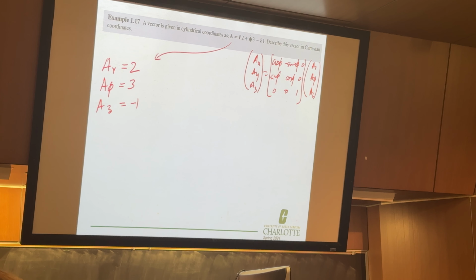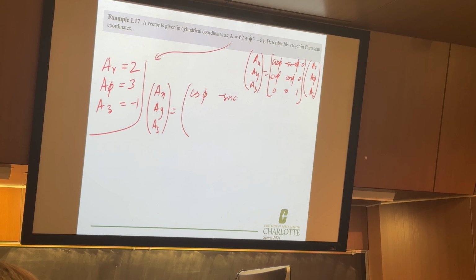So now if we apply the transformation matrix, we get ax, ay, az equals the matrix cosine phi, minus sine phi, 0, sine phi, cosine phi, 0, and 0, 0, 1, and the vector that we're multiplying is 2, 3, minus 1.